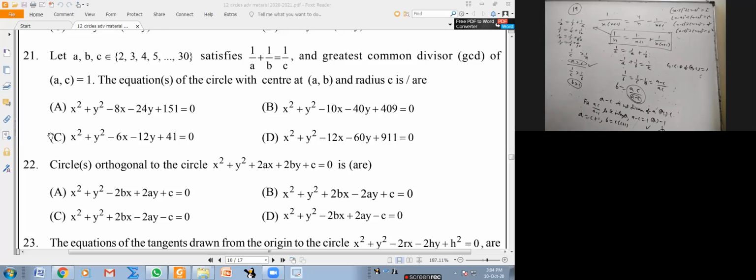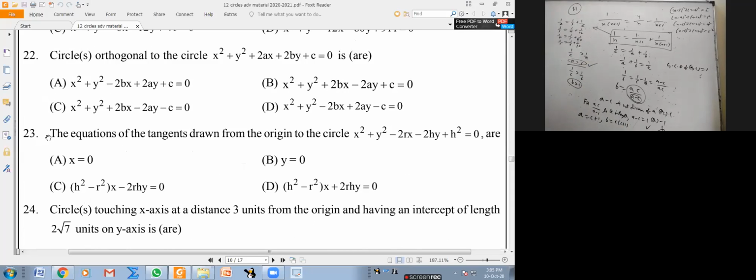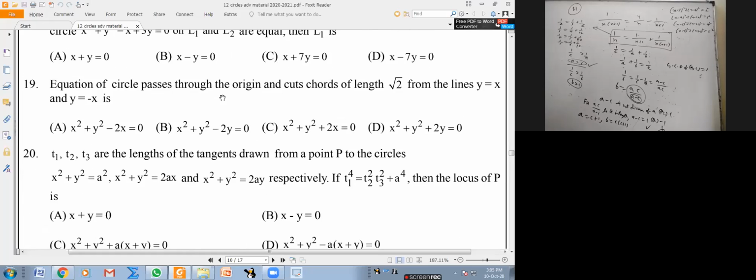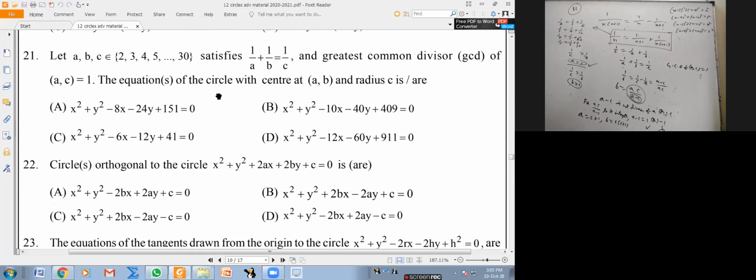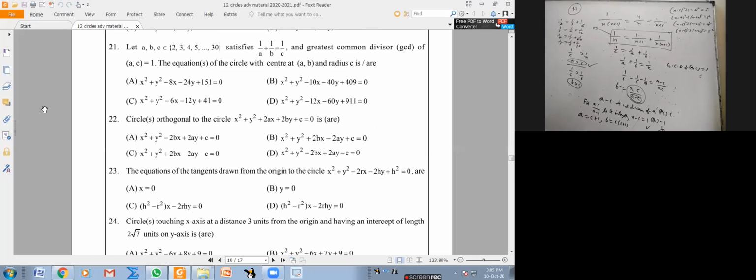Anybody any other doubt regarding 21? This doesn't teach much theory about circles through this question.